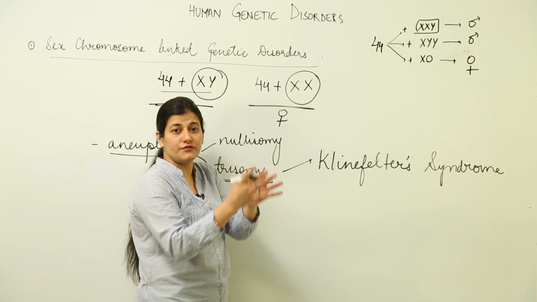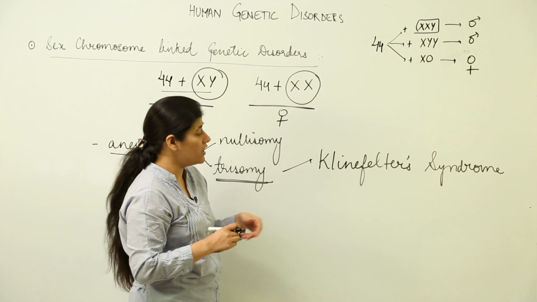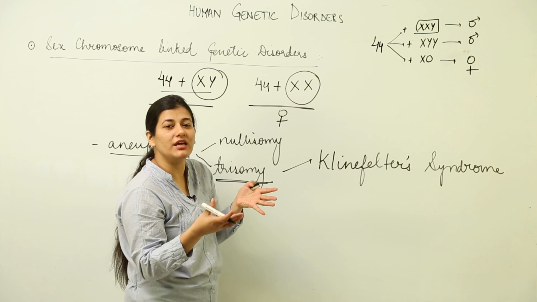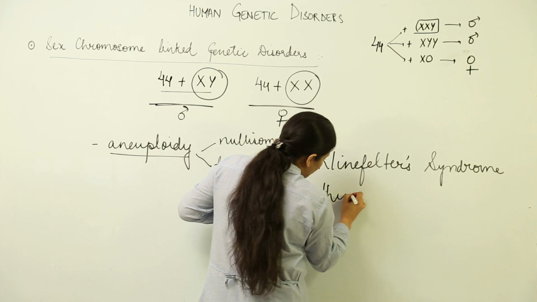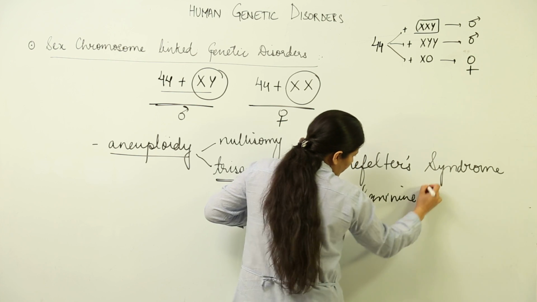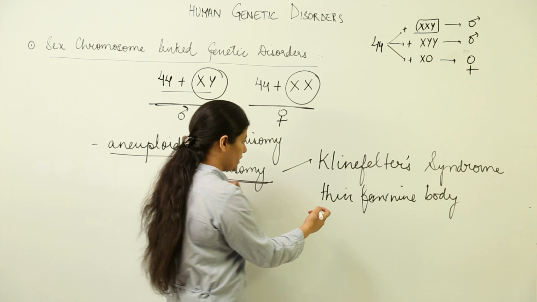Because of the presence of 2X and 1Y, the characteristics of such a patient are like, it has a masculine body, but it has feminine characteristics. The stature is a thin feminine stature, though it is a male body.